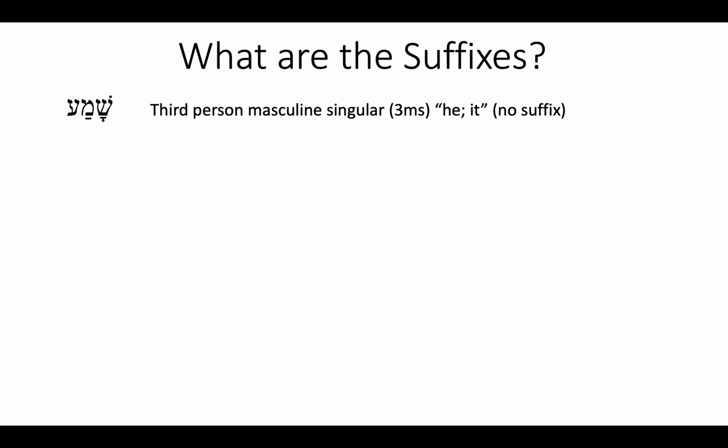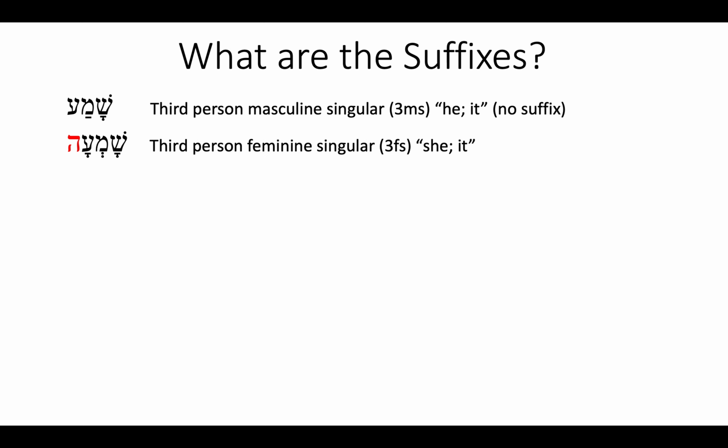So these are the root letters, and in the third masculine singular form there is no suffix, and this is the most common form. So third masculine singular, he or it, with no suffix. The third feminine singular form, she or it, has a suffix that's qamets he. So you begin with the three root letters and add qamets he on the end, and you have the feminine form.